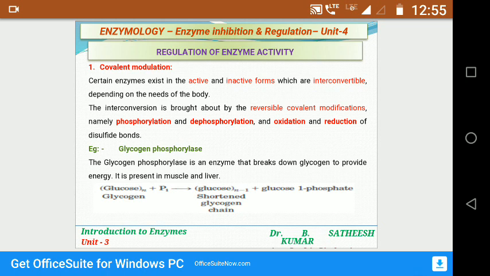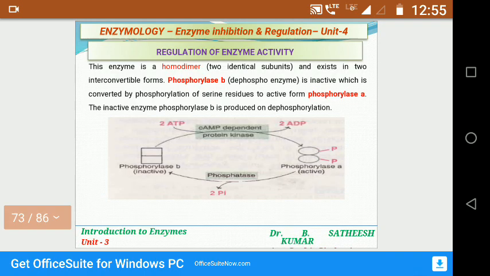The stored glycogen in the liver gets split into glucose 1 phosphate by an enzyme named glycogen phosphorylase. So glycogen phosphorylase breaks the glycogen to form glucose 1 phosphate.